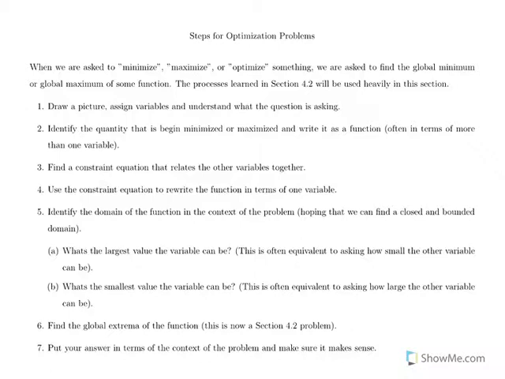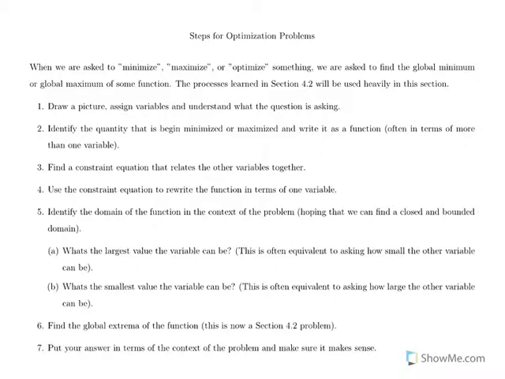First of all, when we are asked to minimize or maximize or optimize something, then we are trying to find the global minimum or global maximum of some function. It's important to know this at the very beginning: we are trying to find a global min or global max of a function, which means we're going to be finding critical points.